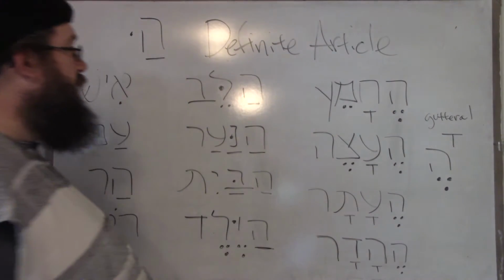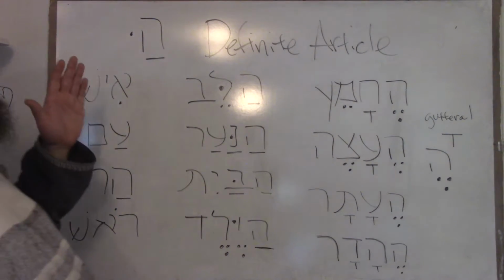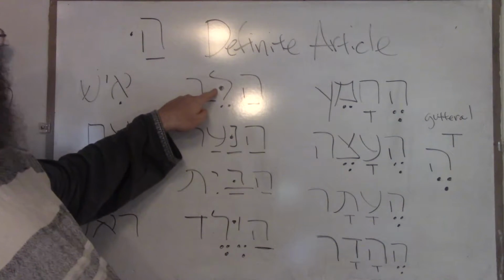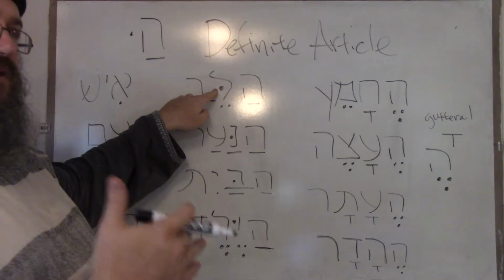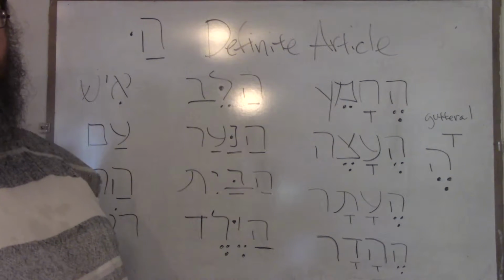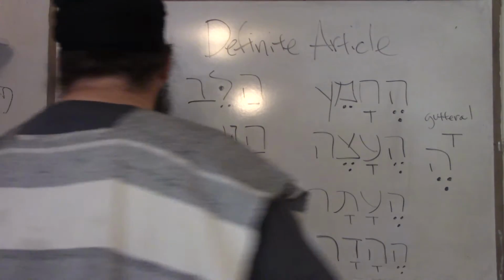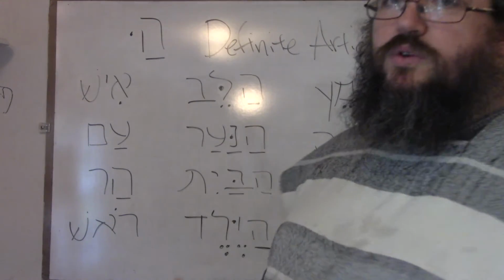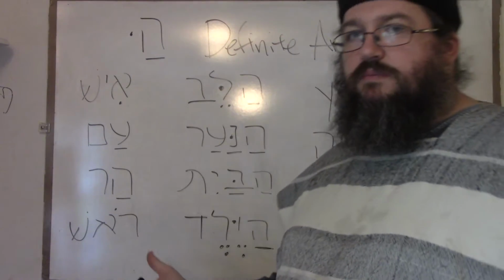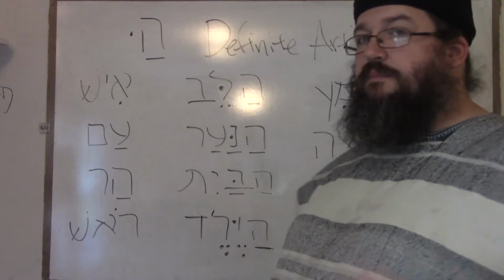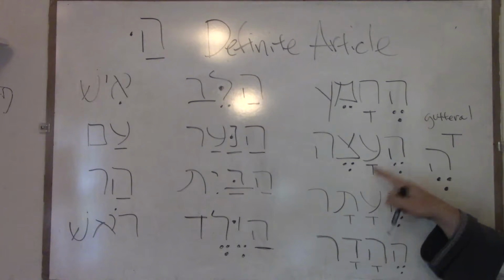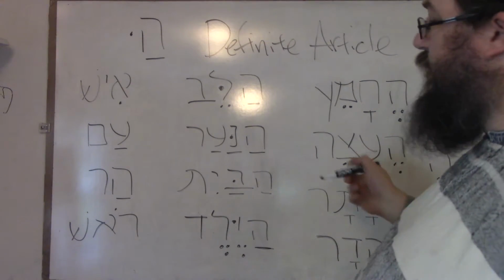Here, if it's the normal typical state of the noun, we're going to have the dagesh in the first letter, and we're going to put a hey and a patach underneath it. Now over here, we have another rule: when do we have a guttural, which can't take the dagesh, but it doesn't have the kamatz, which is what we see over here.